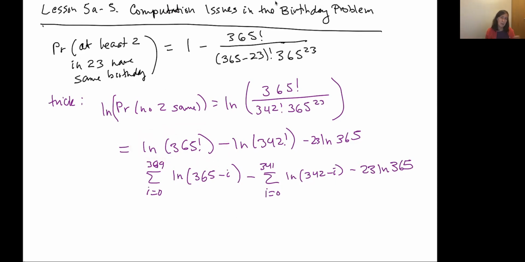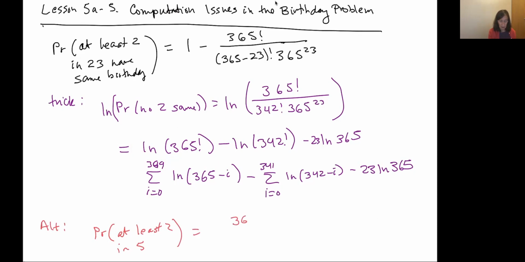For doing examples with the birthday problem, when you're looking at really small numbers, you probably can do it without using R, without taking logs, without doing the complicated thing. Just to be clear, the alternative is, say, what's the probability of at least 2 having the same birthday in a group of 5?